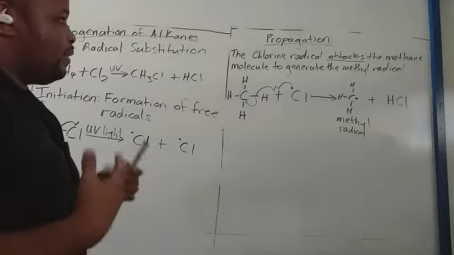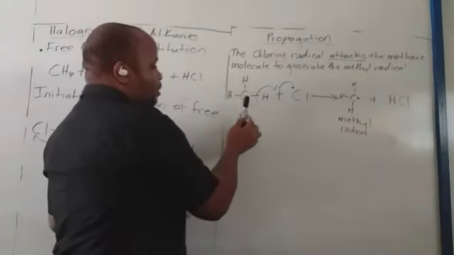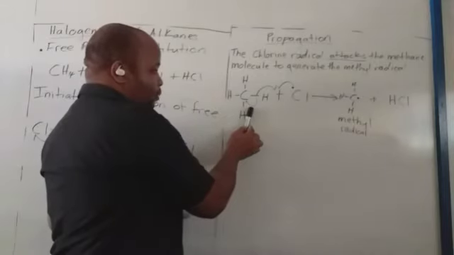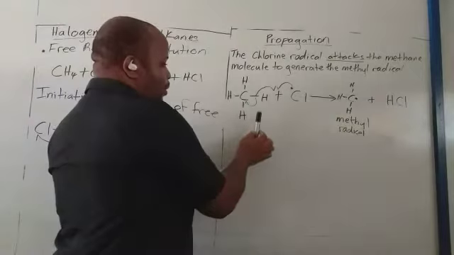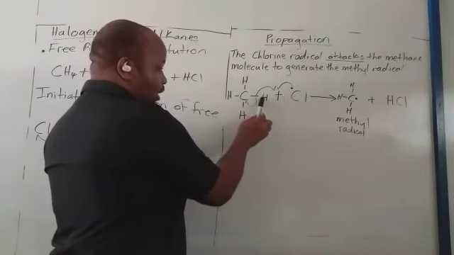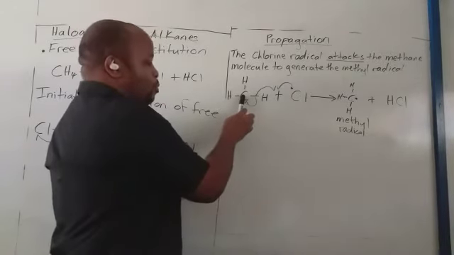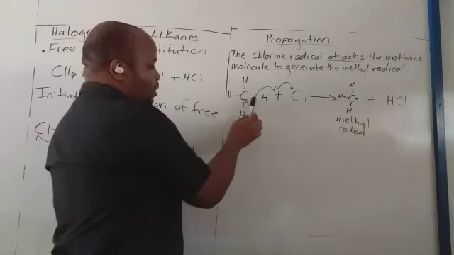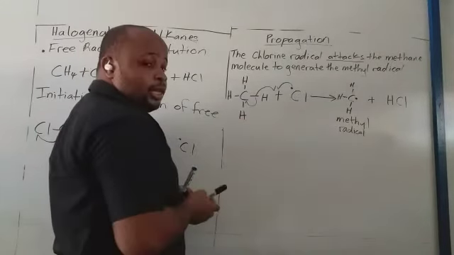So let's go again. In this step, the chlorine radical is attacking your methane molecule. When the attack is going to happen, for a bond to be formed between hydrogen and chlorine, the bond between that hydrogen here and the carbon has to be broken. This bond is non-polar, it is going to break homolytically.